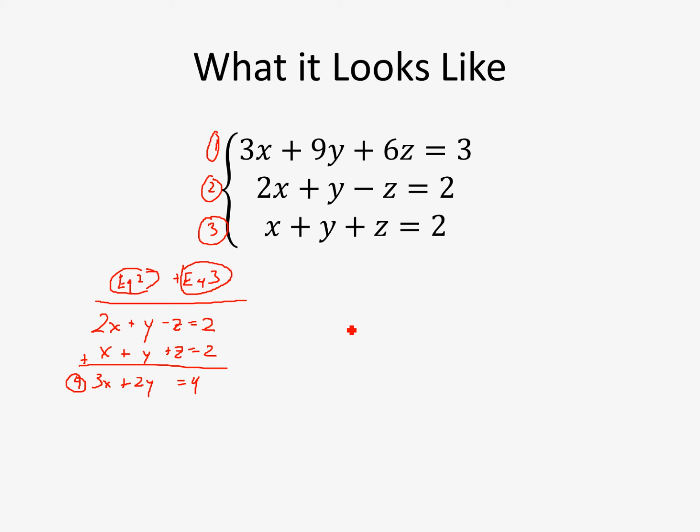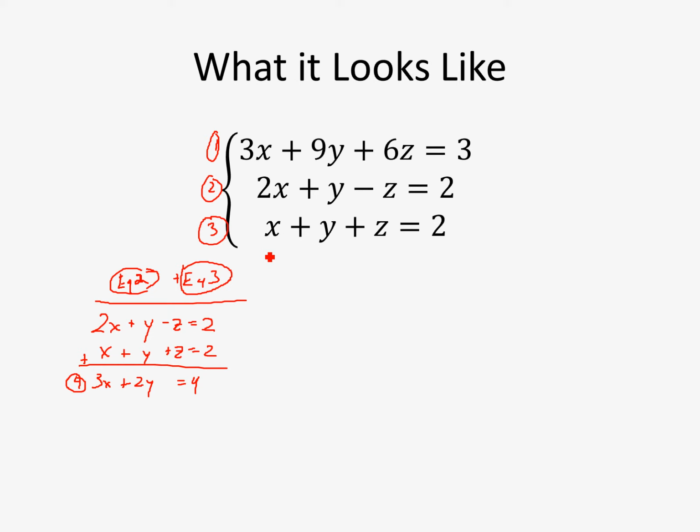Now I need to pick a different set of equations. Remember, I selected equation 2 and equation 3 and eliminated z. So now I have to pick a different two equations. Of course I can use 2 or 3 again. In fact, I would have to, but I can't use those same two equations.